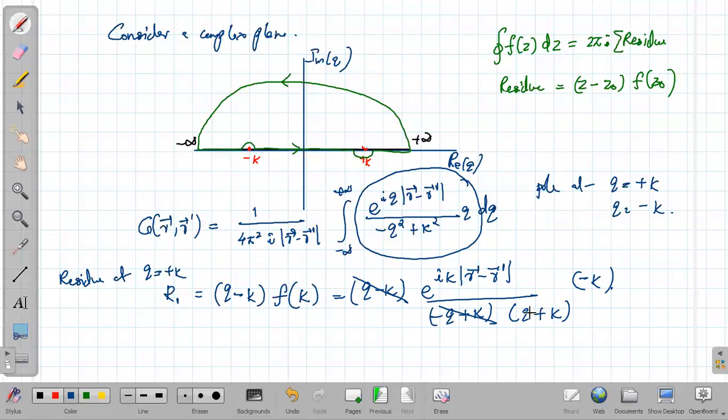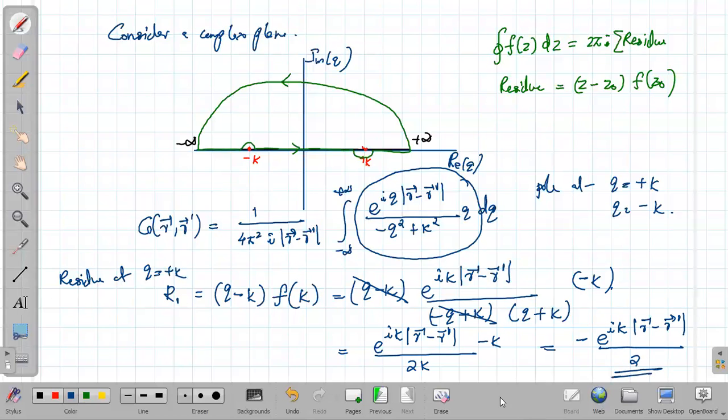You have to put q equal to k. So this becomes e raised to ik modulus of r minus r prime divided by minus k divided by 2k. This k cancels. So the final expression will be minus e raised to ik modulus of r minus r prime divided by 2. That is the residue when q equal to plus k.